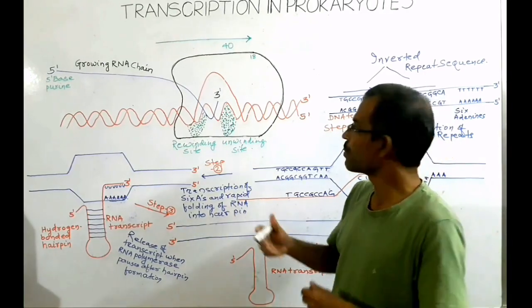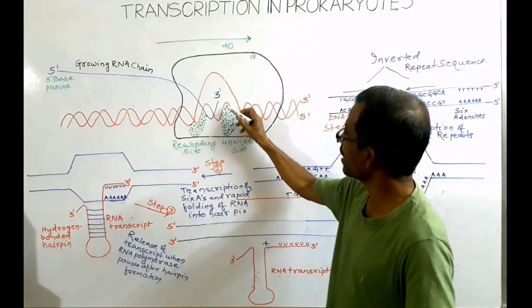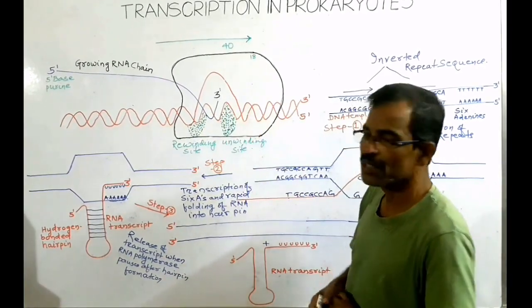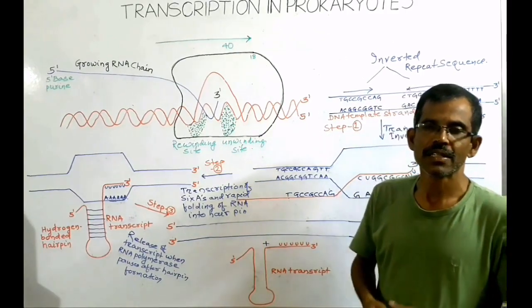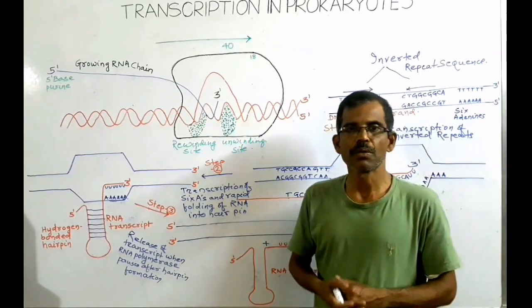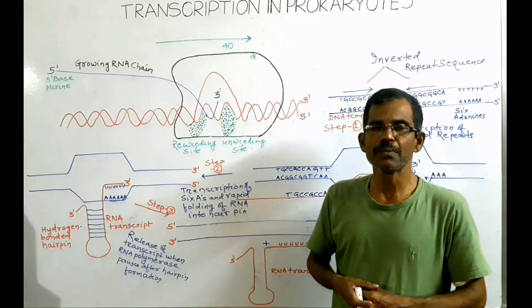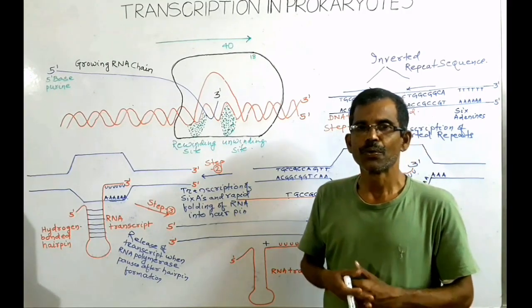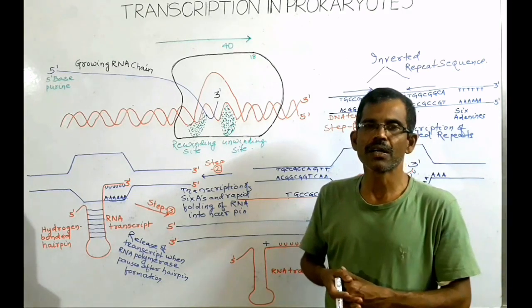The transient base pairing between the nascent RNA chain and the template strand is only about 3 nucleotides long. The stability of the transcription bubble is maintained by the binding of the enzyme RNA polymerase with the template strand and also with the growing RNA chain.